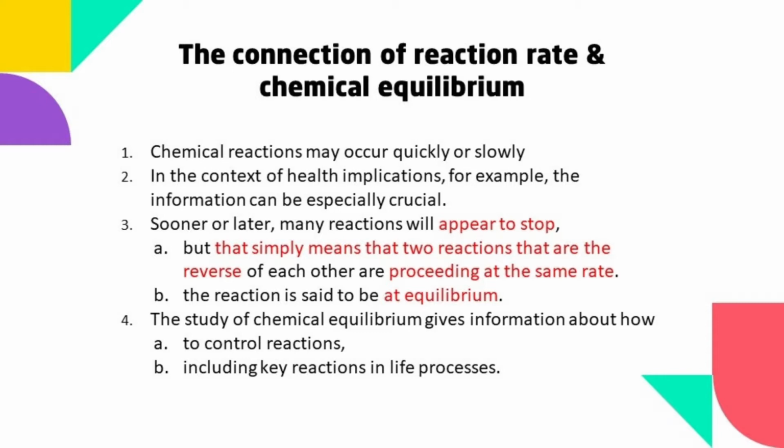Sooner or later, many reactions will appear to stop, but that simply means that two reactions that are the reverse of each other are proceeding at the same rate. When this is the case, the reaction is said to be at equilibrium. The study of chemical equilibrium gives information about how to control reactions, including those that play key roles in life processes.